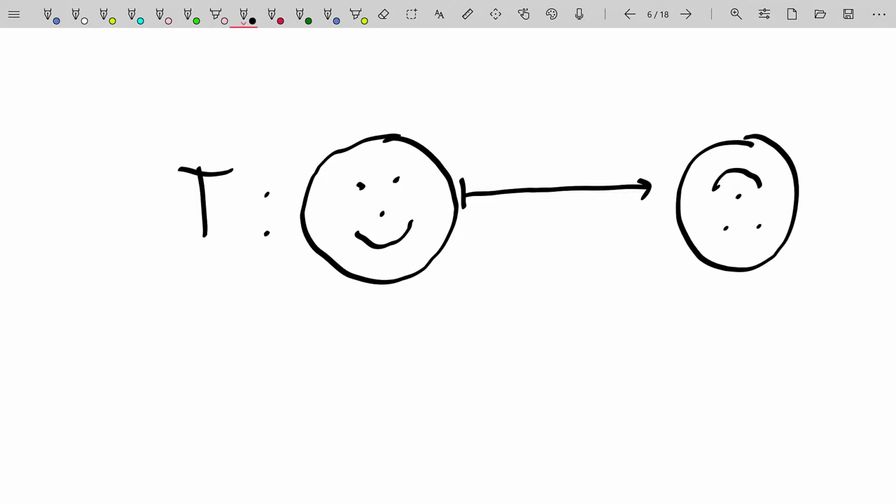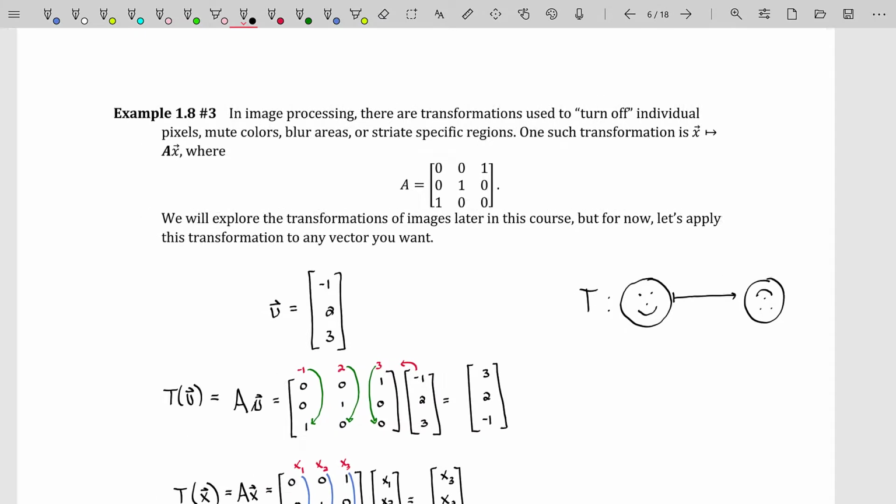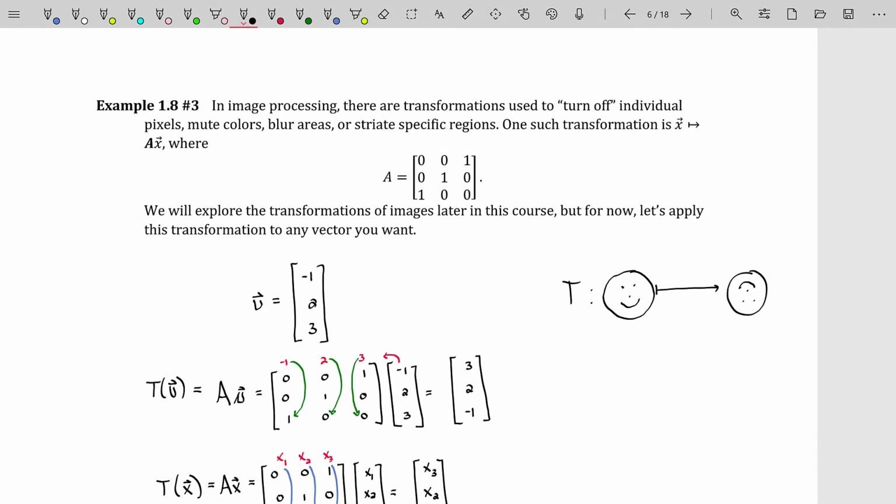And that's actually the behind the scenes mathematics of what's happening in Photoshop. You're just doing a bunch of matrix multiplications, not matrix vectors, but matrix in those cases. But still, you'll learn that in this linear algebra course. It's really cool stuff. And then you can blur, and you can do things like striate patterns and decolorize, all this other stuff.